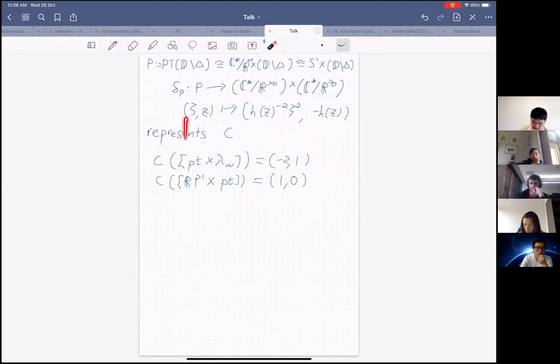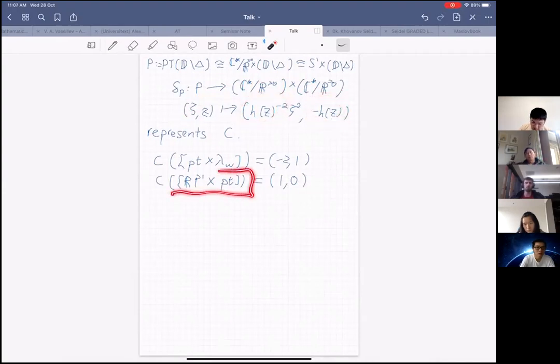If you plug a point here, and then you plug a loop here, what this map is doing is it wraps around -2 times, inverse orientation, and 2 times. The point is just a constant here. And then this is 1 time. Okay, this 2 times, this 1 time.